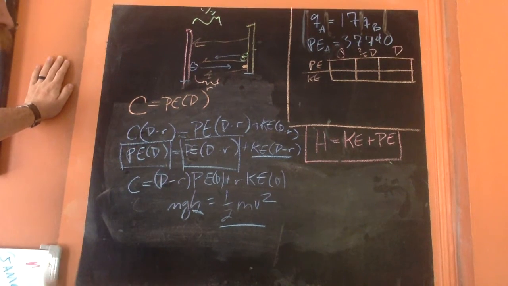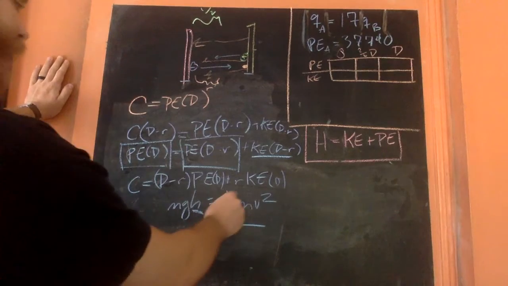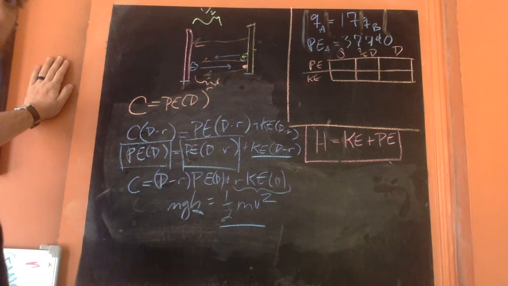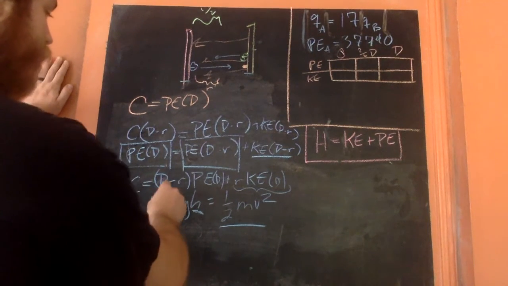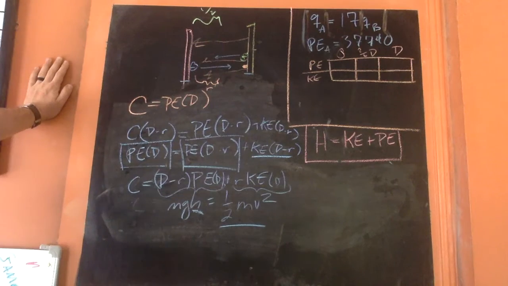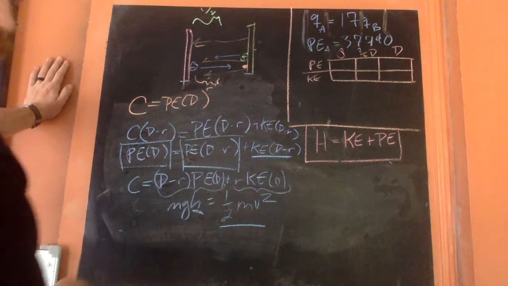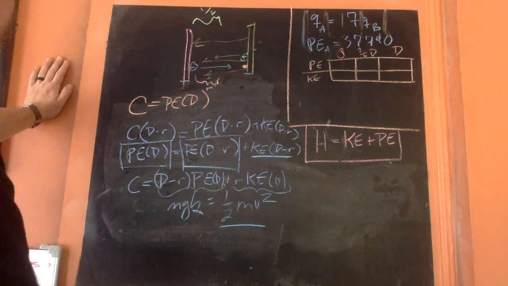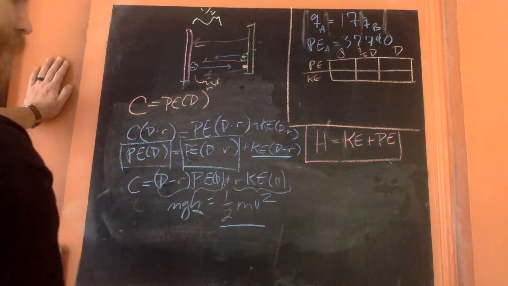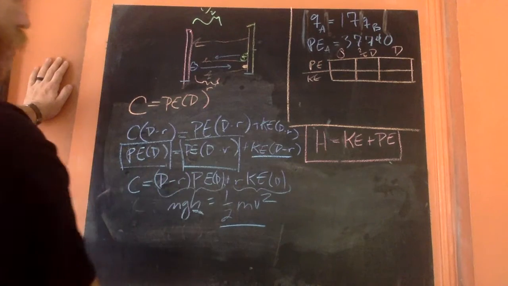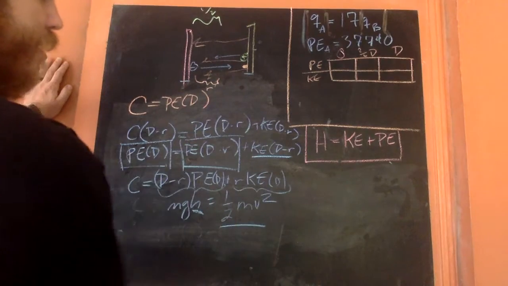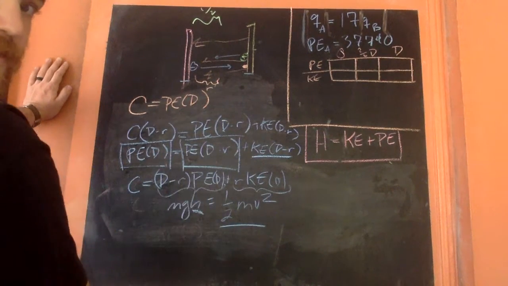So for us, however far we've traveled is directly proportional to our kinetic energy, and however far we are from the origin is inversely, or negatively, proportional to our potential energy. So, let's make sure this makes sense. When d minus r is equal to 0, because r is equal to d, this is 0, and then this is d times KE, so that's correct.